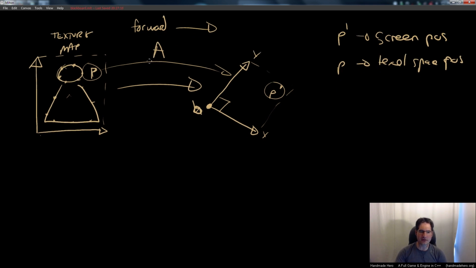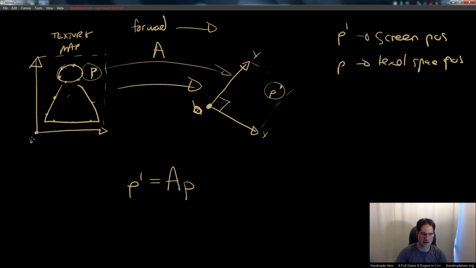So assuming that this is how I'm going to conceptualize it, what I'm saying is that if I was to perform the transform A on the point P, I would get back that P prime, right? And so this is a very straightforward matrix statement I would be making. I'm saying that I have a transform that moves from texture space.